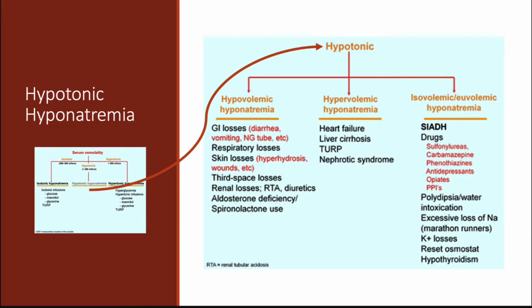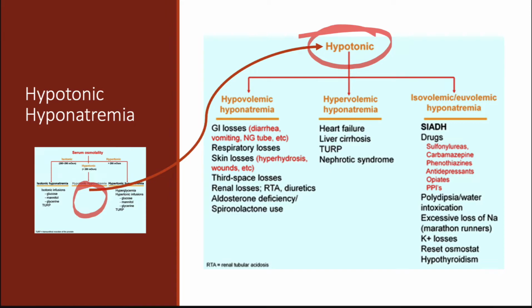Now, what about when it's hypotonic hyponatremia? Well, then we have to go from our table up to this part. And we have three different potential causes. We can have hypovolemic, hypervolemic, or isovolemic or euvolemic hyponatremia. So let's look at these individually.